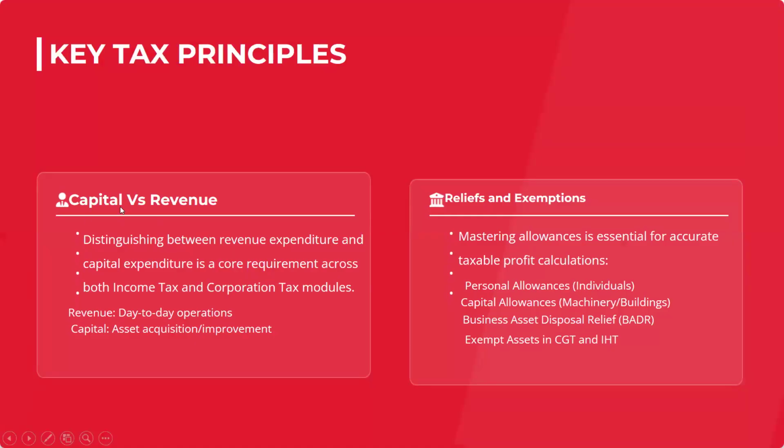Then there are some important concepts regarding what's a capital expenditure and what's a revenue one. It's the same as you study from your financial reporting or financial accounting perspective. But for tax purposes, you should know what's revenue and capital expenditure. For example, a business says, I have bought heavy plant and machinery this year and I'm not going to pay tax on it.